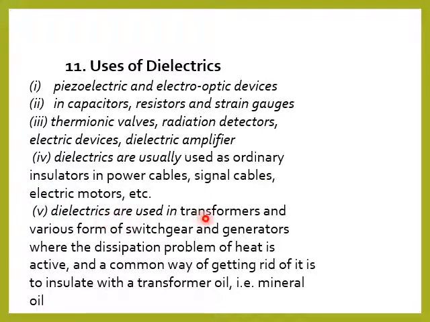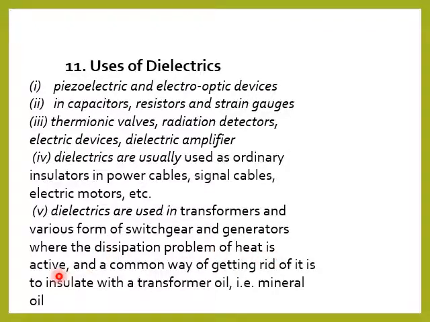Dielectrics are used in transformers and various forms of switchgear and generators where the dissipation problem of heat is active. Between the different parts, dielectric materials are inserted or filled, due to which there is no electrical contact between the different parts of the generators, and then there is less production of heat.